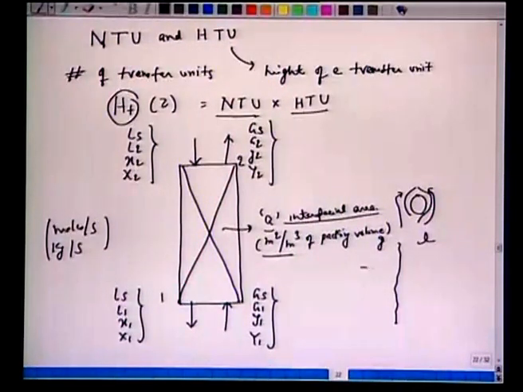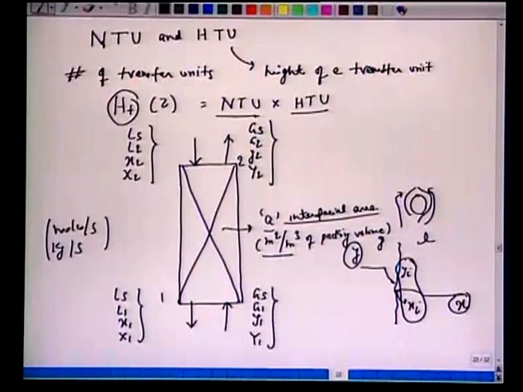Recall the concept of bulk, film, concentration drop, interfacial concentrations, and then we have the bulk concentrations. So, we can have y, x, the 2 bulk concentrations at any location, and we have yi and xi, and they are related through equilibrium or thermodynamics. So, these are the 4 at any location.